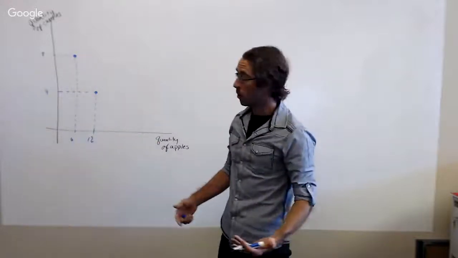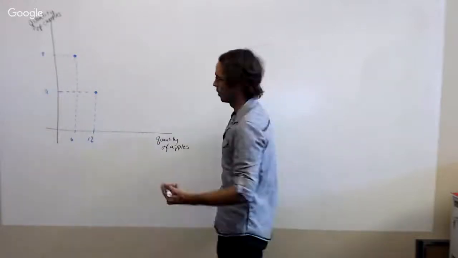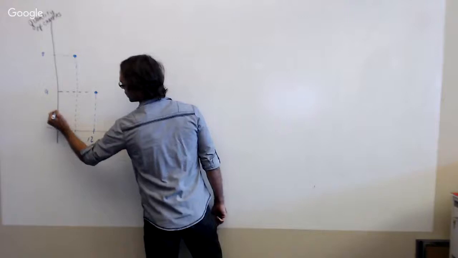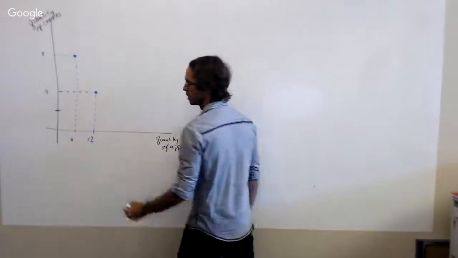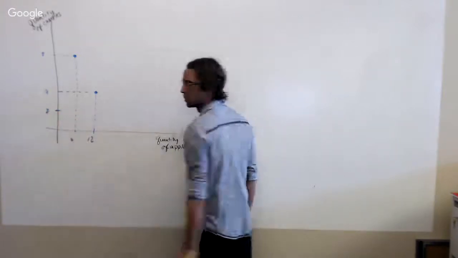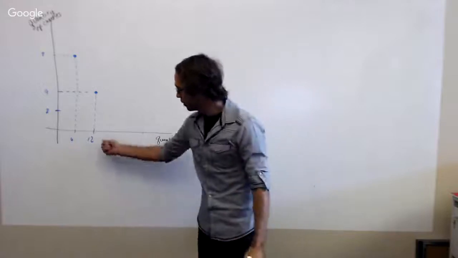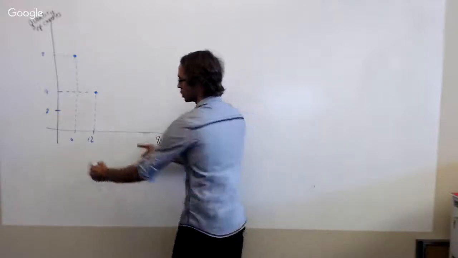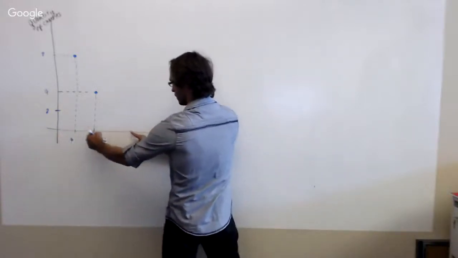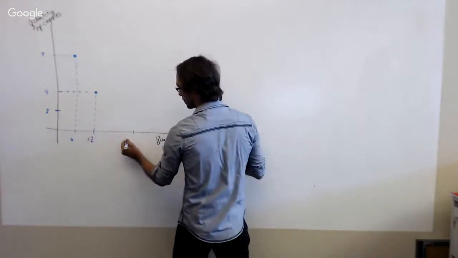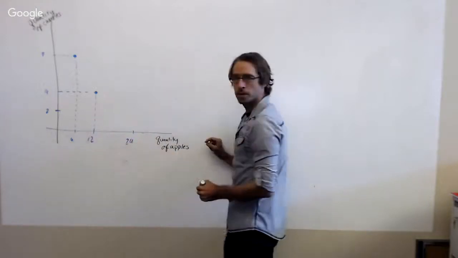On the other hand, you might want to sacrifice some cherries. If you sacrifice 2 boxes of cherries, now you're left with only 2, which we mark here, and I give you, let's say, 12 more apples, so you go all the way up to 24. You're also indifferent.